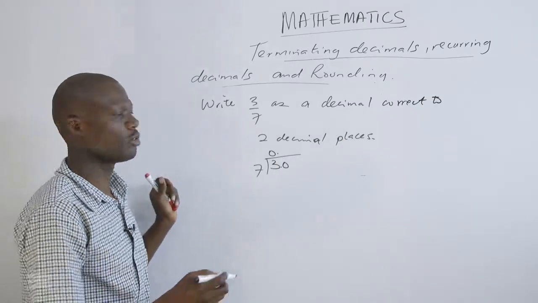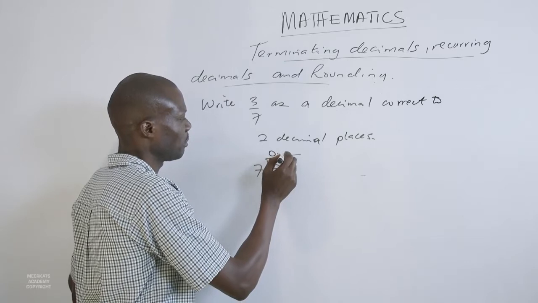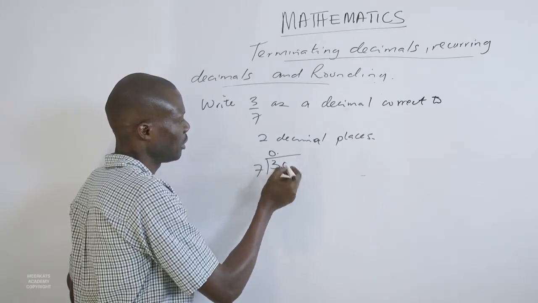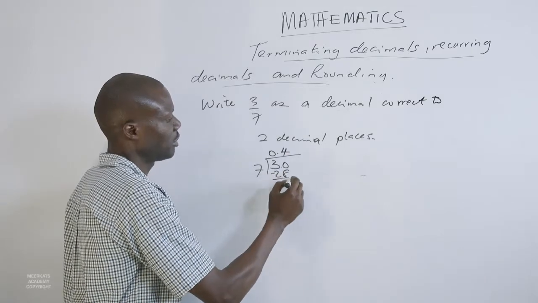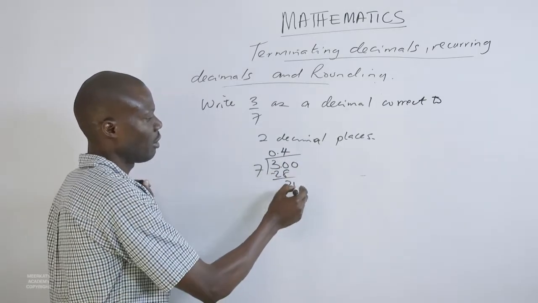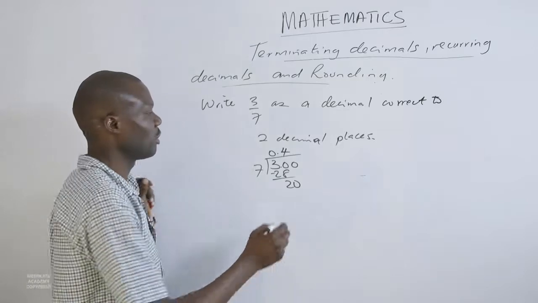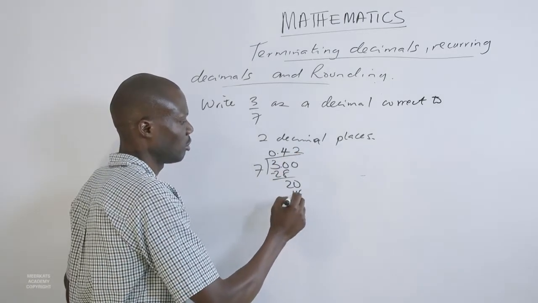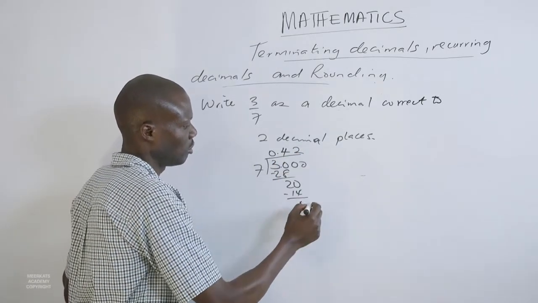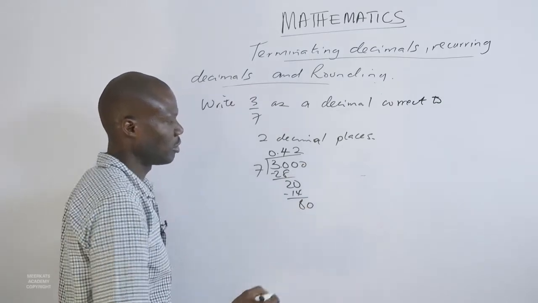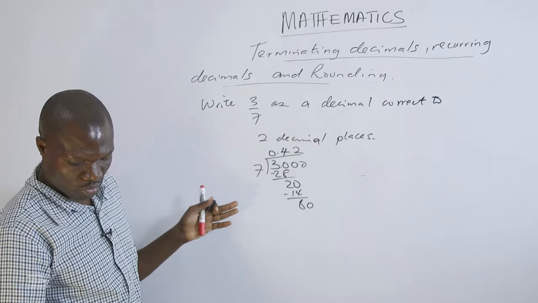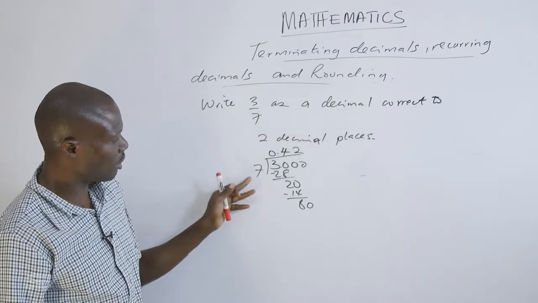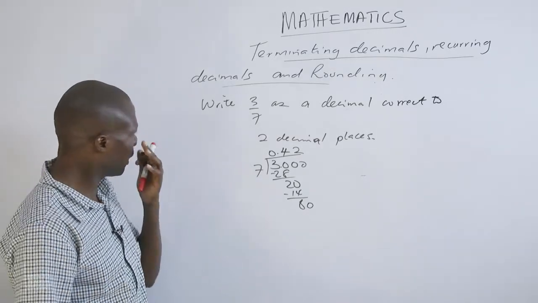So 30 into 7 will give us 4, which is 28. 20 into 7 will give us 2. Now we have 60 into 7 will give us 8.